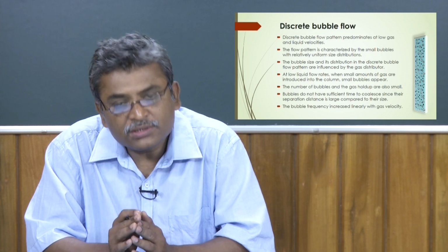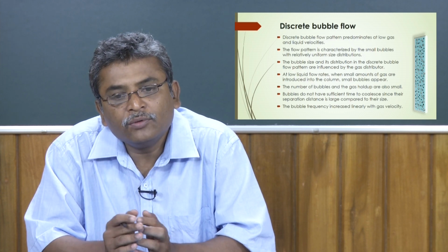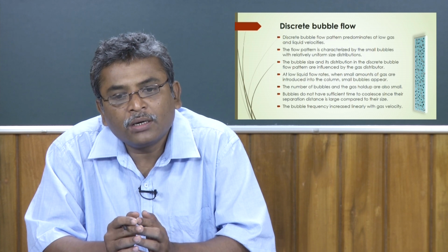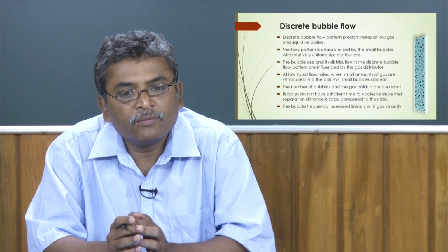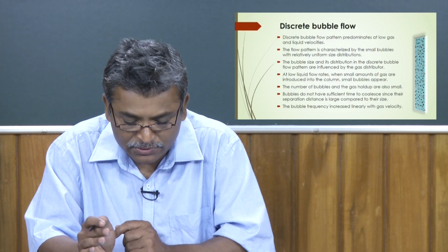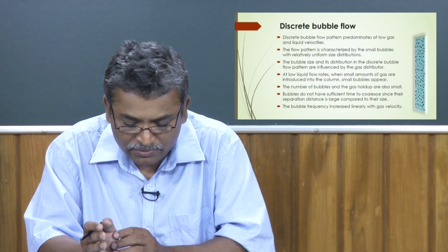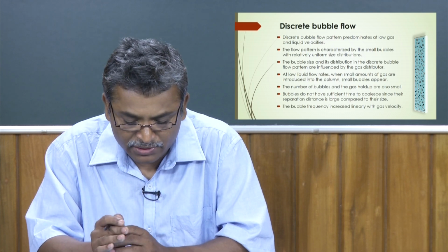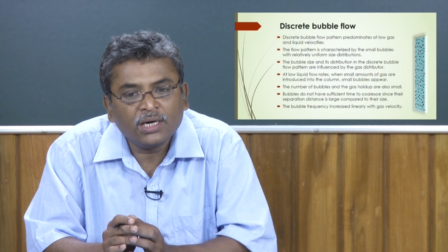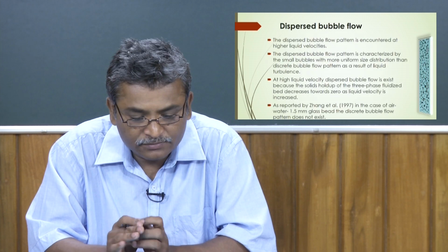The bubble frequency increases if the gas velocity is increased. Of course, this will be linearly proportional, that is why the bubble frequency increases linearly with the gas velocity here.